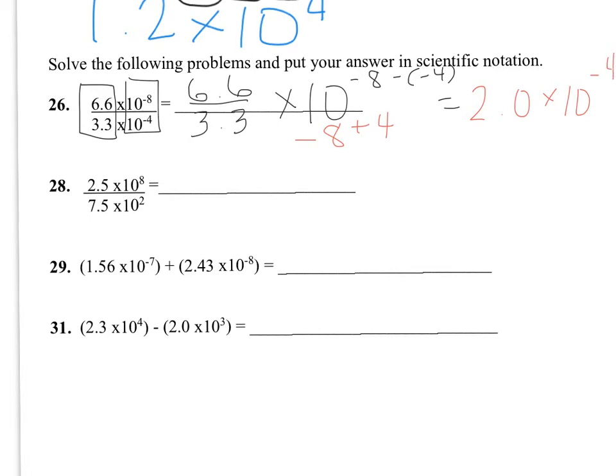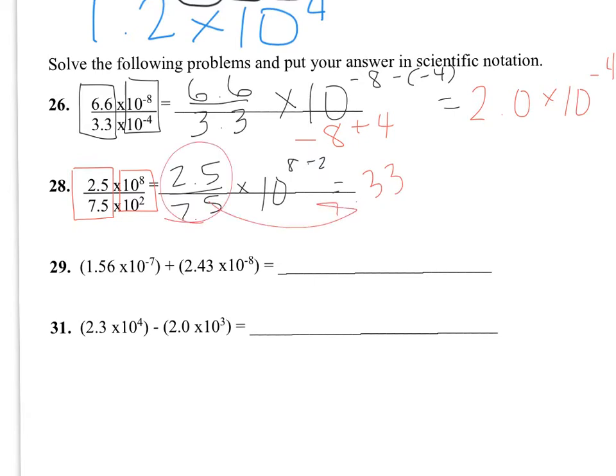We're going to do the same thing down here. Do your coefficients first, and then your powers of 10, or your exponents. And in this case, we have 2.5 over 7.5 times 10 to the 8 minus 2. When we do that, what you end up with is actually 0.33 when you do this part, times 10 to the 6.